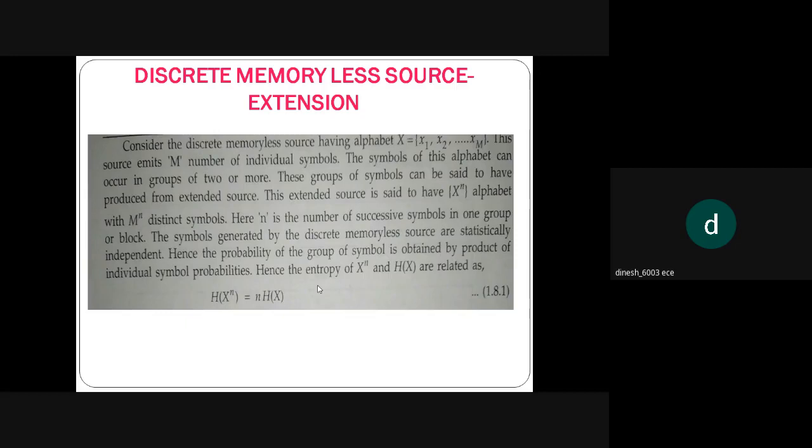This is your discrete memoryless source extension. Extension means we are going to add m power n symbols, where n is the number of successive symbols in that group or block. In that case, the total entropy will be n times H(X).